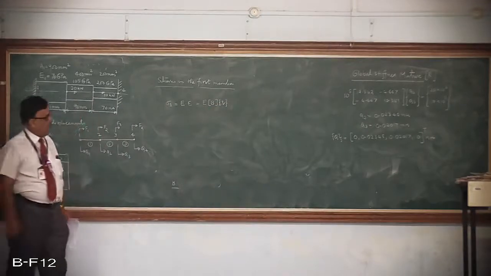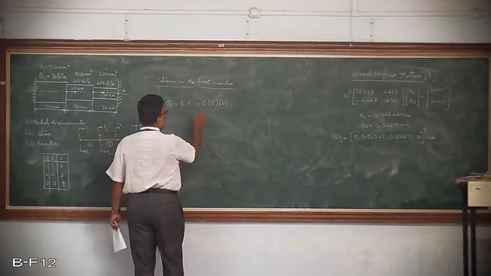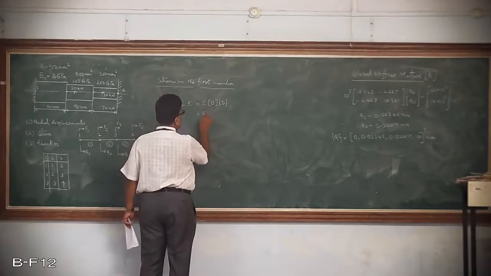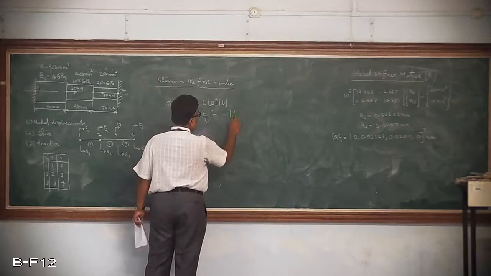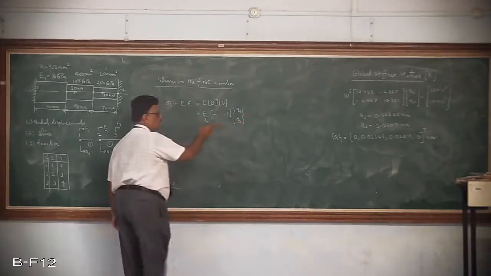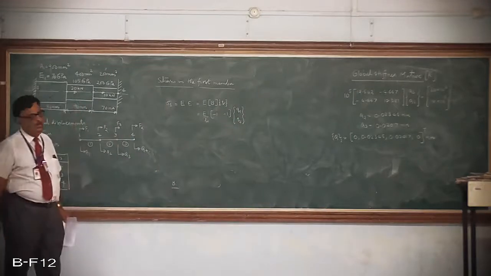So according to this, what we have to write is E upon LE, times minus 1, 1, and here we will get the corresponding element nodal connectivity, and then I have to solve for that particular element.